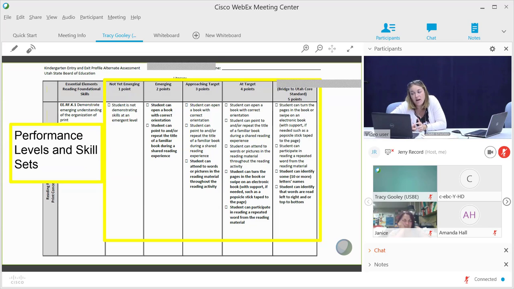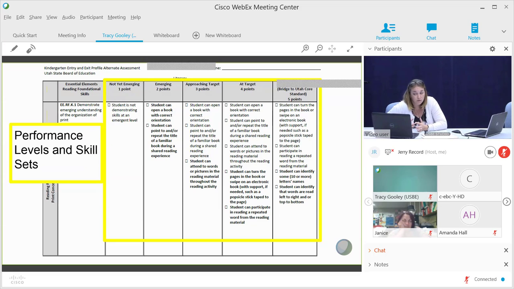And if you have a student that you're finding is coming back and is able to master the skill sets at target and advanced, and especially at the beginning of the year, this is possibly a student that may be able to actually access the general KEEP assessment.